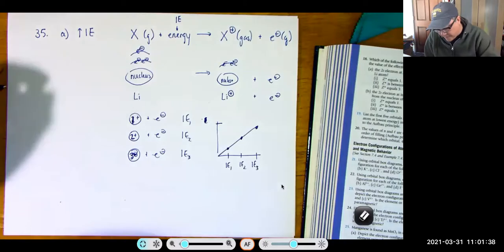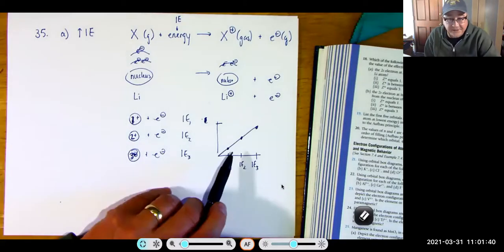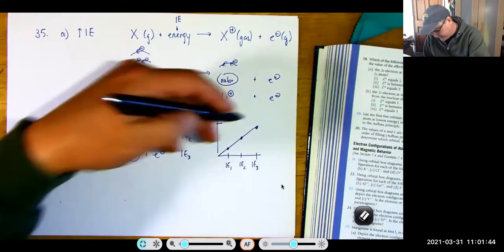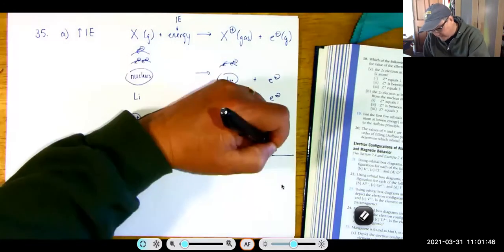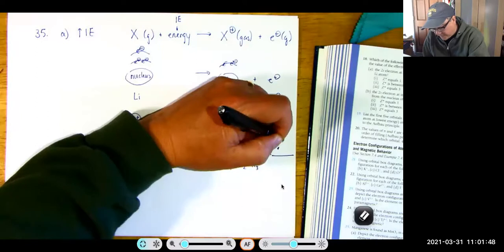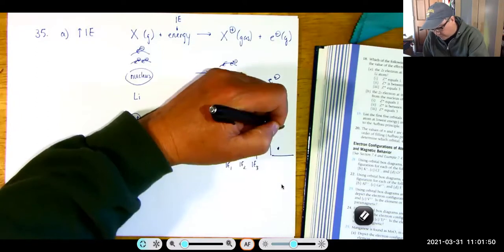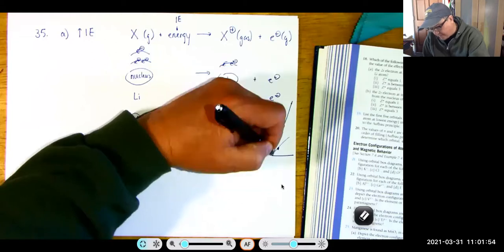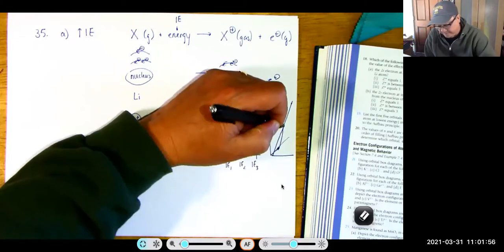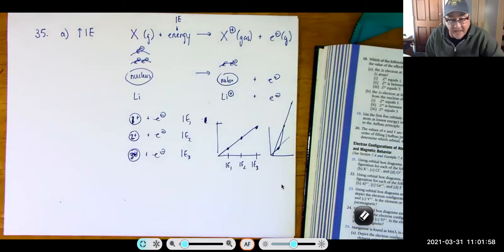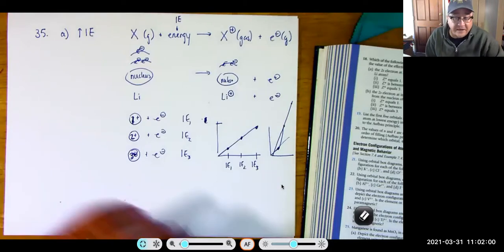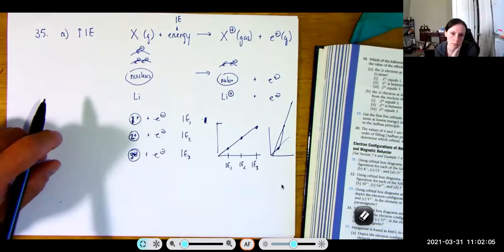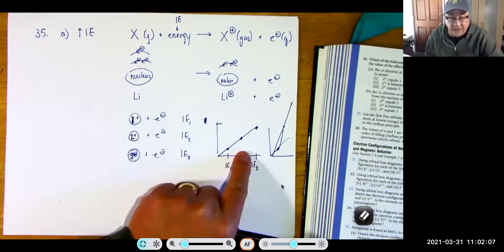But you'll find out that they are not like this. They end up being like this. That's the first one. And here's the second one. And here's the third one. So these two, they don't quite line up. And that has to do with the fact that they're in different shells and stuff like that. But this is what we would normally expect if all electrons were equal.